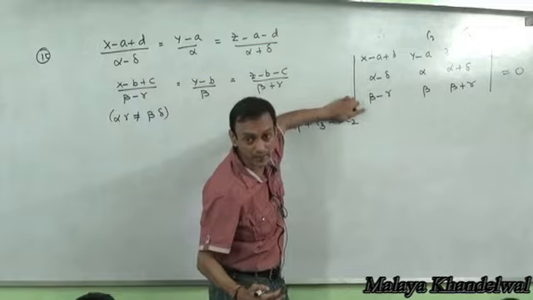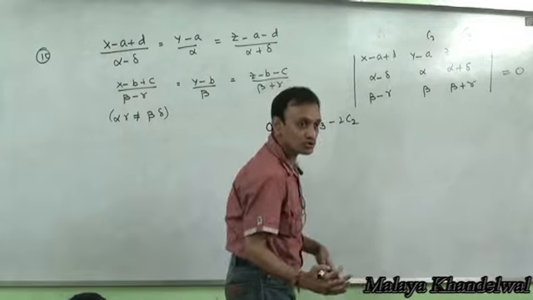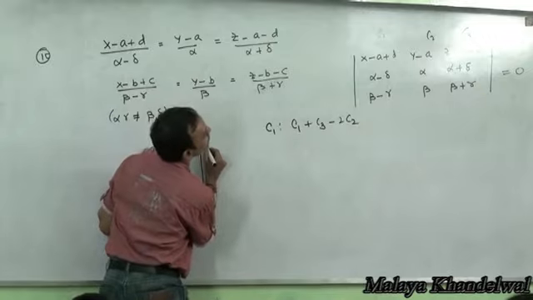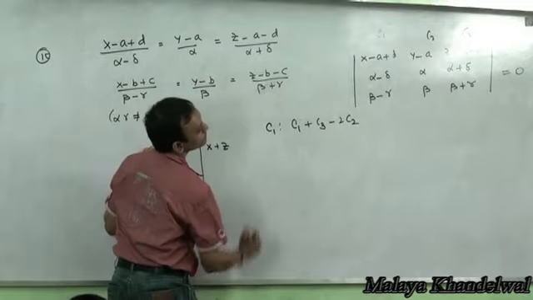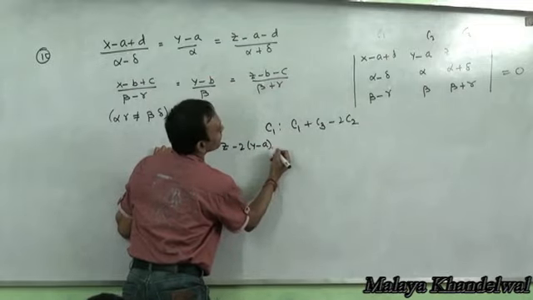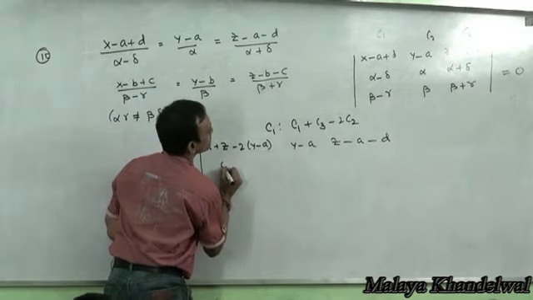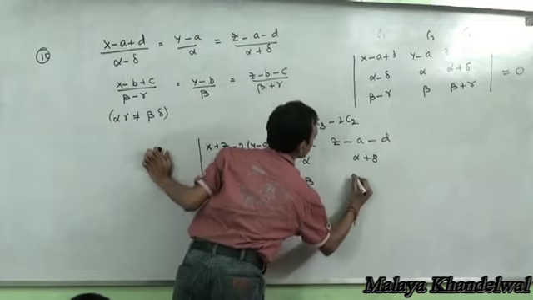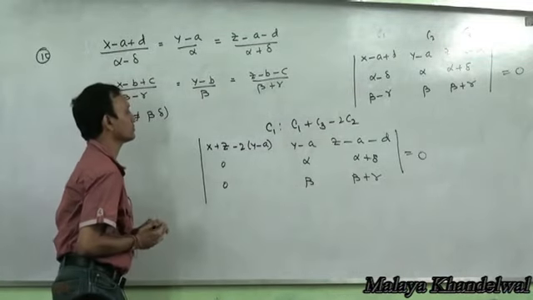So performing C1 plus C3 minus 2C2 gives me x plus z minus twice y, y minus a, z minus a minus d, and then 0, 0, alpha, delta, beta plus gamma, equal to 0. That's the determinant manipulation that I carry out.